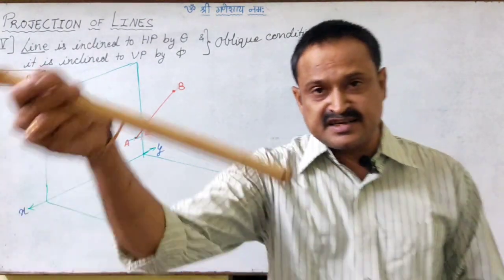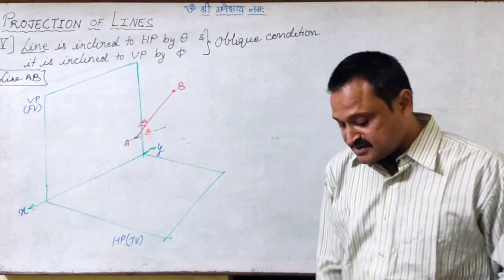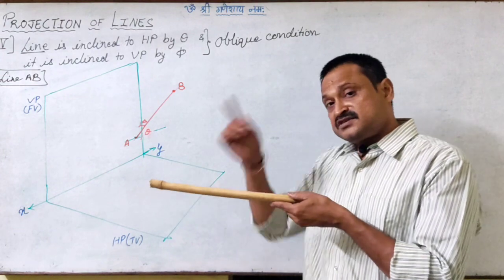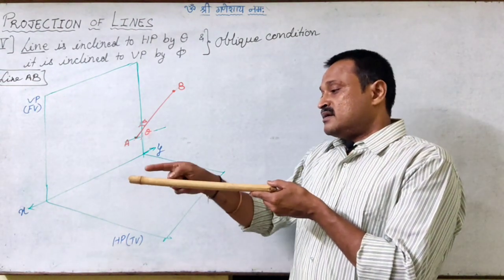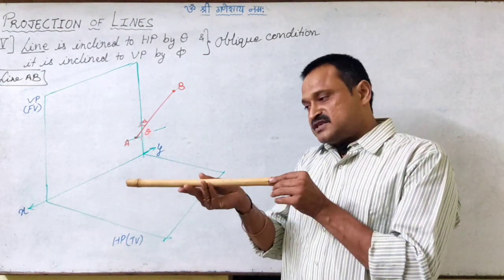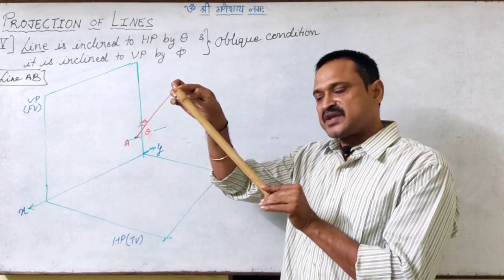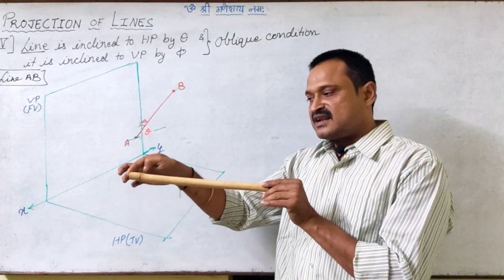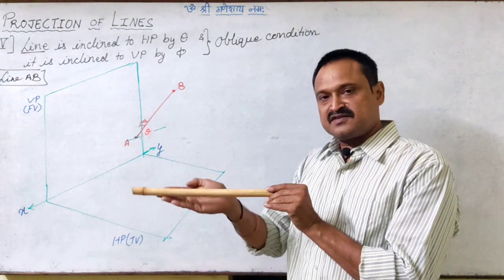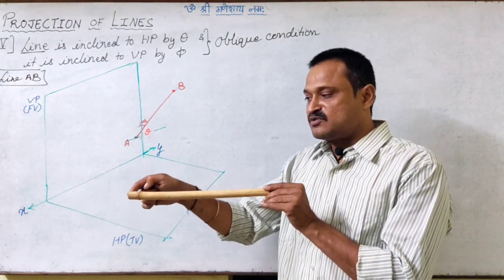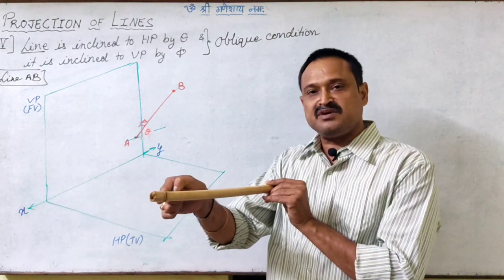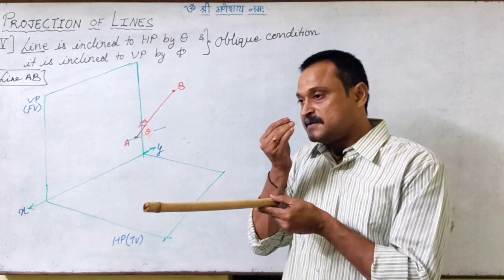So let us take our line and understand the condition. The first condition, if you remember, line parallel to both the reference planes was this. Line parallel to VP, inclined to HP. I come back to the first condition, line parallel to both the reference planes. Now line parallel to HP and inclined to VP was the third condition we have seen.